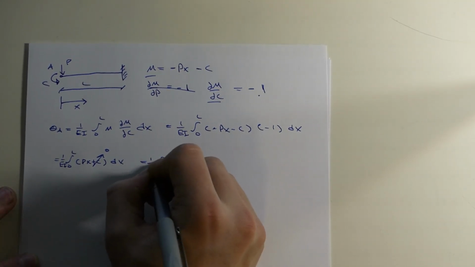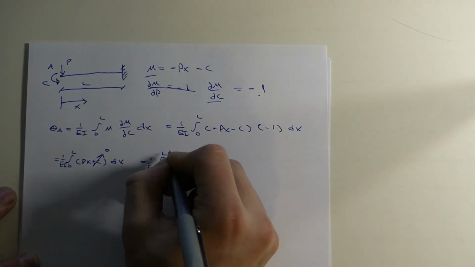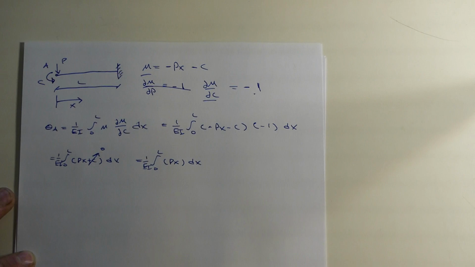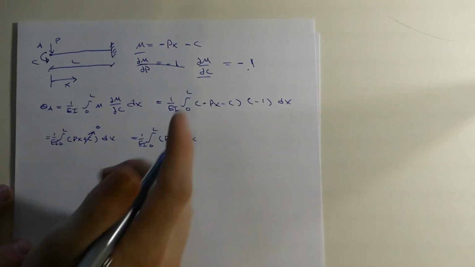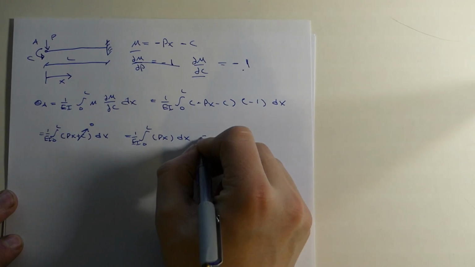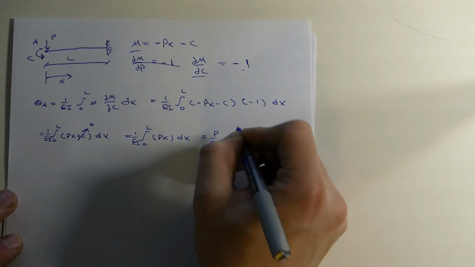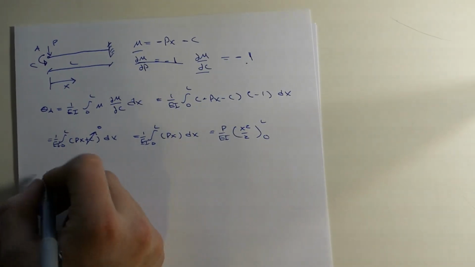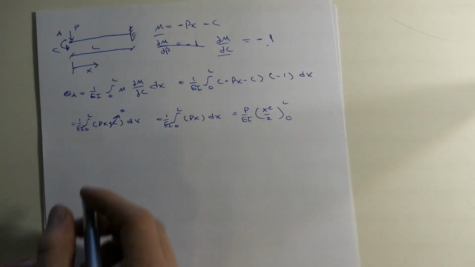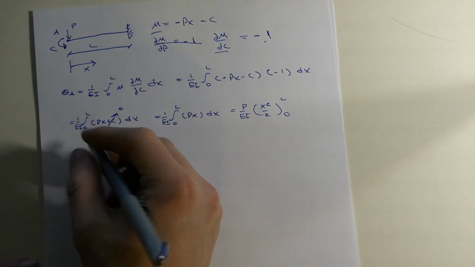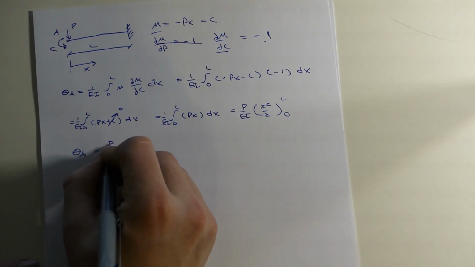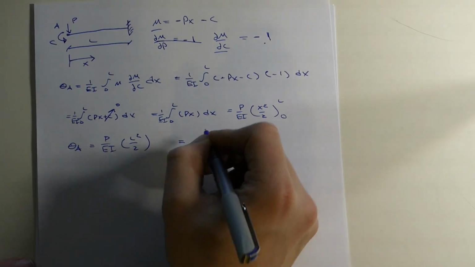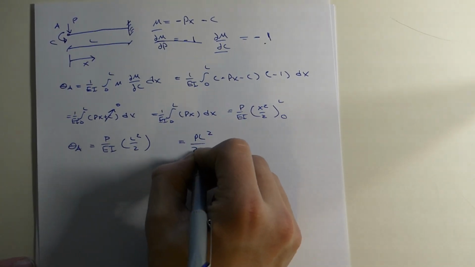So this ends up becoming 1 over EI, 0 to L, px dx. And this is a pretty easy integration. So this just becomes P over EI times x squared over 2 from 0 to L. And plugging those boundary limits in, we get rotation at A equal to P over EI times L squared over 2, which is PL squared over 2EI.